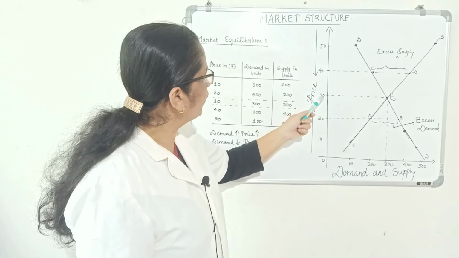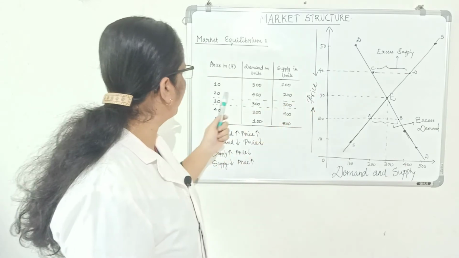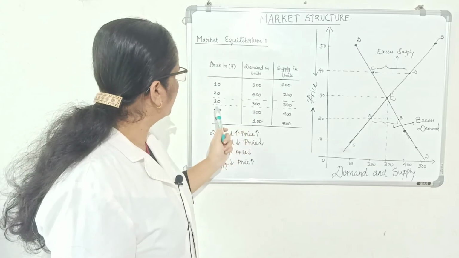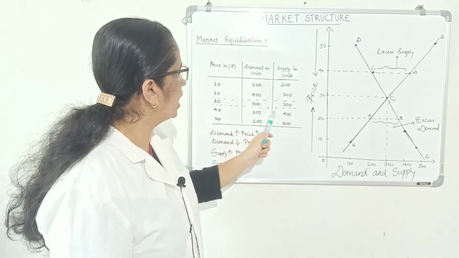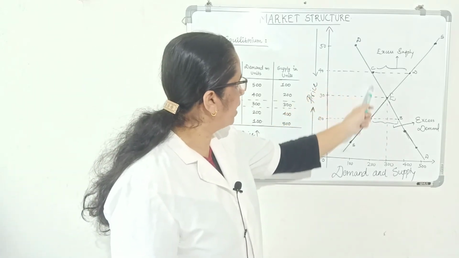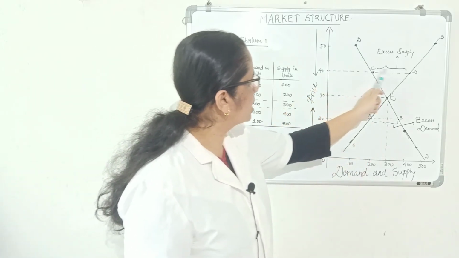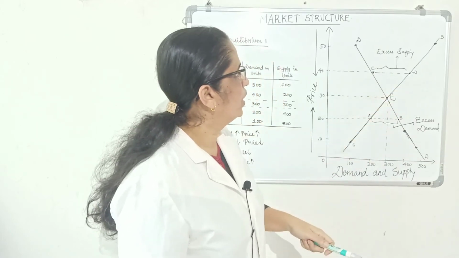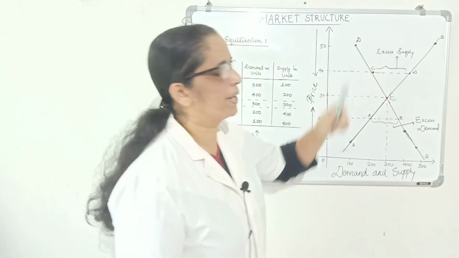Similarly, if you take a price above the equilibrium price, for example 40, you can see at rupees 40, demand is 200, supply is 400. At this rupees 40, demand is only this much, supply is more. And this CD distance, you can mark as excess supply.